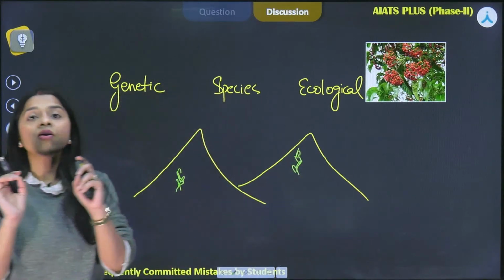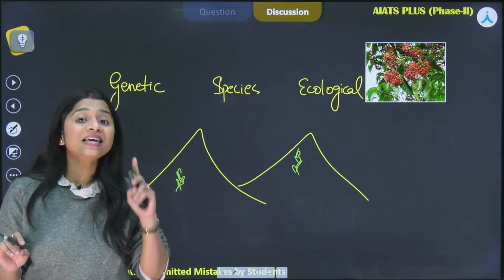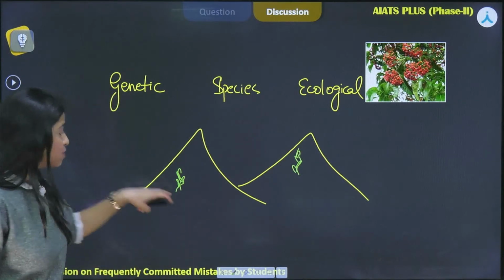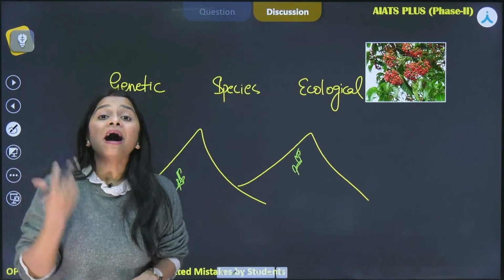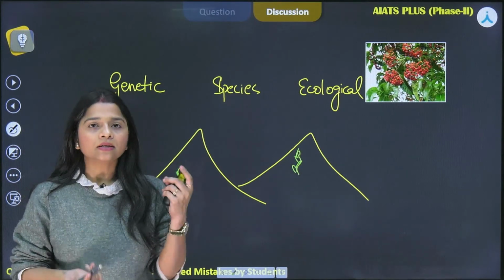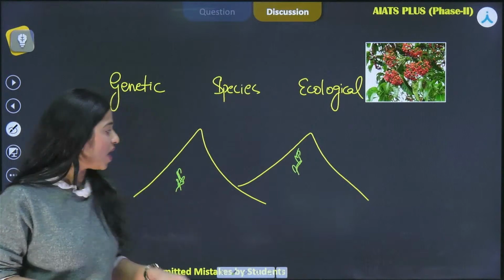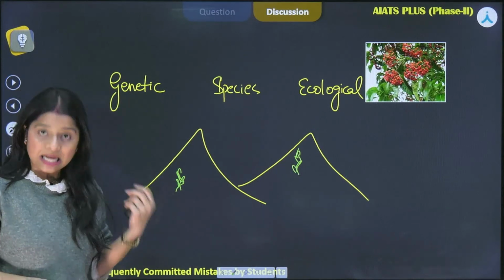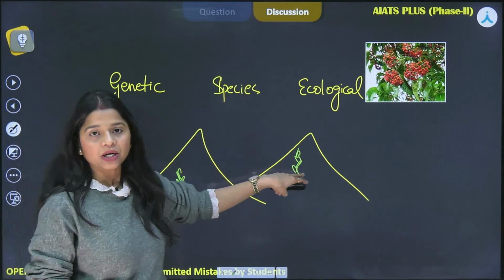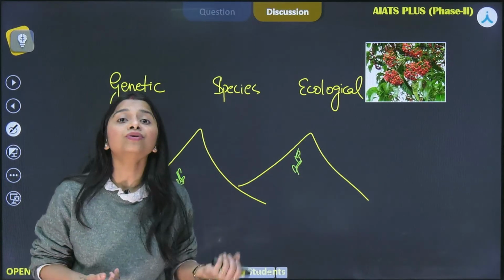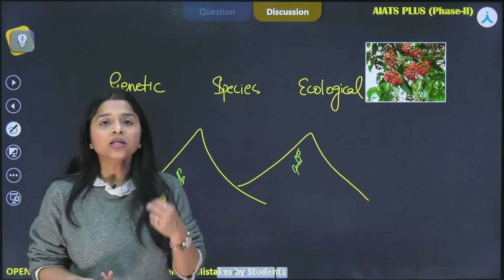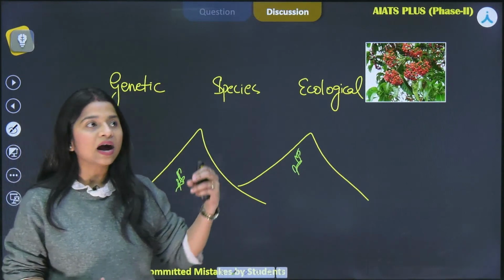Both are the same species, but in this plant the potency of reserpine that is found is less, whereas in this case it is more. Reserpine is a chemical that is derived from the roots of Rauwolfia vomitoria, that is used to make medicines for high blood pressure.